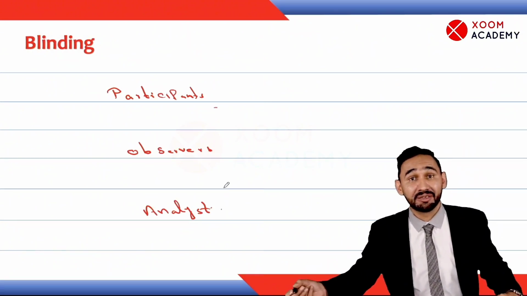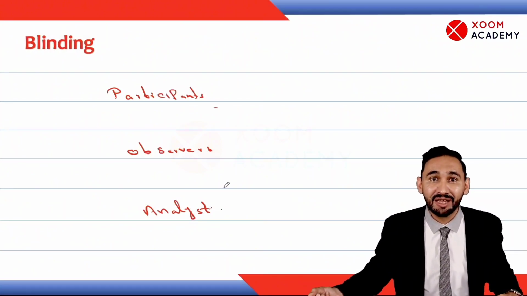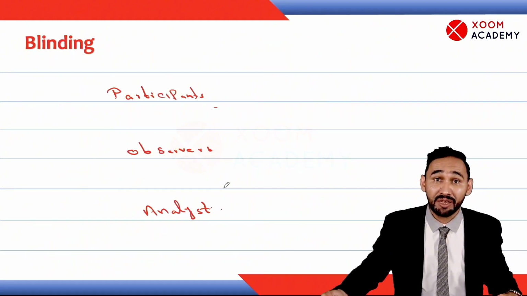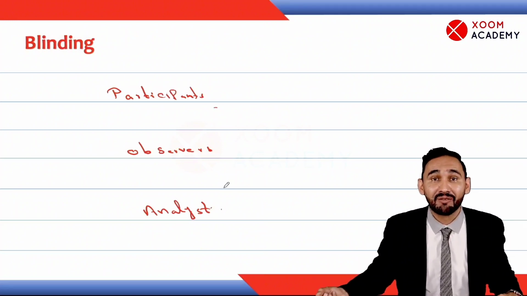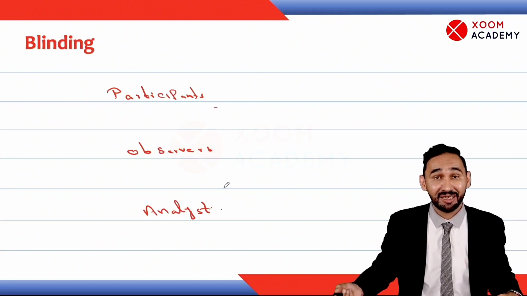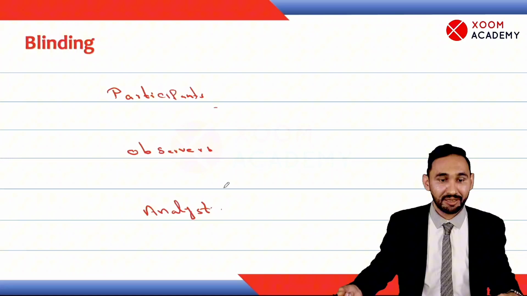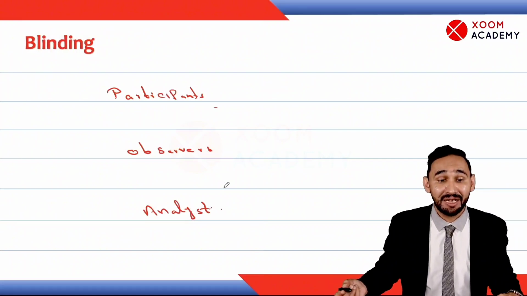Like, if the participants know that they are in the placebo group, they will not give actual answers. They will not give exact data. And if the observer knows who is in the placebo group and who is in the study group, they will not focus on the placebo group. Bias can arise. And if data analysts know about the groups, about placebo, about study group, bias may arise. So we have to reduce this bias by blinding.